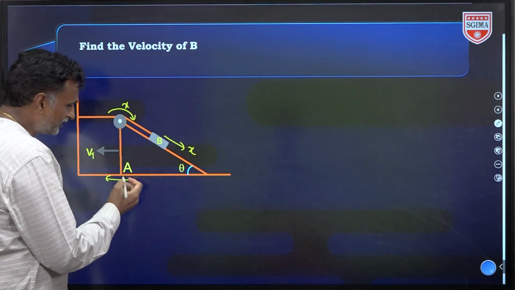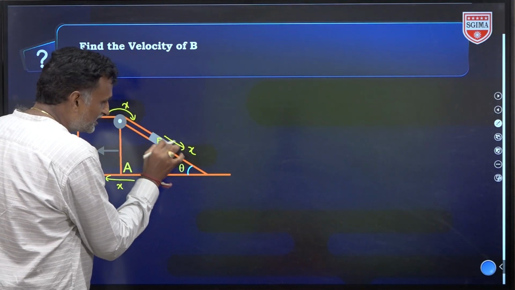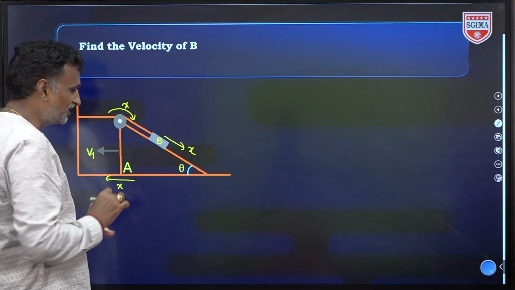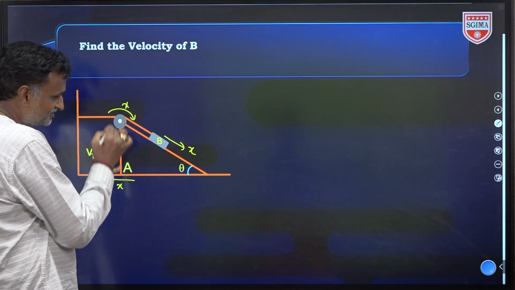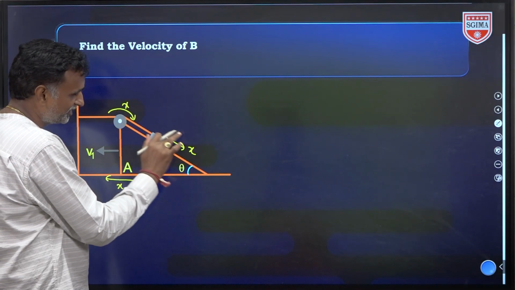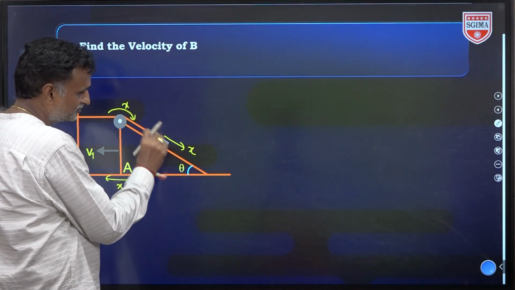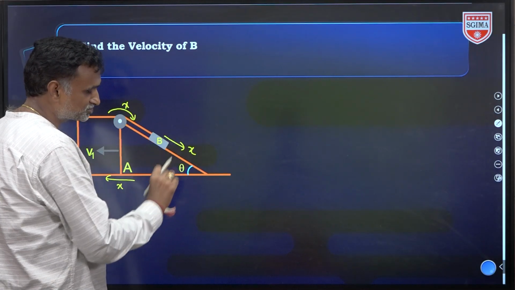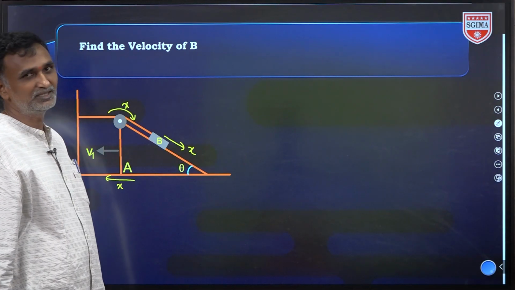When it is moving left with x distance, this block also falls distance x, because this pulley moves backward or left by x distance, so the string loses the same distance x. Then that string becomes taut, so B must also fall downward with a displacement x only.